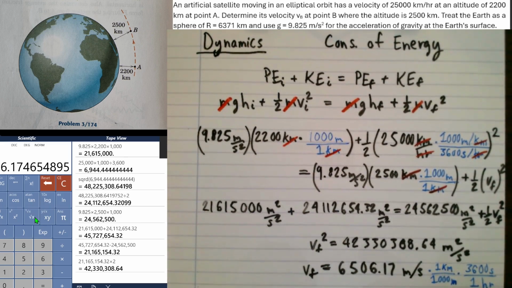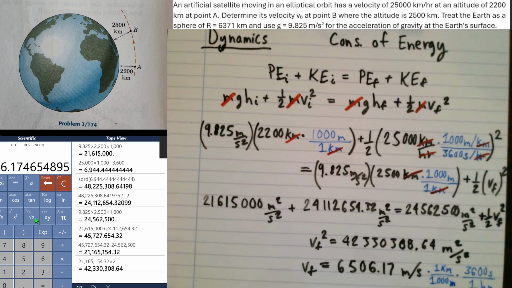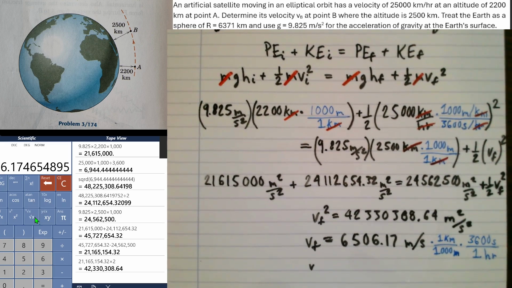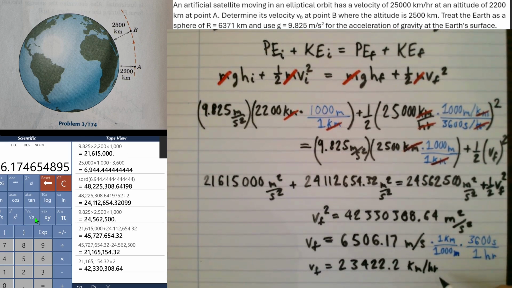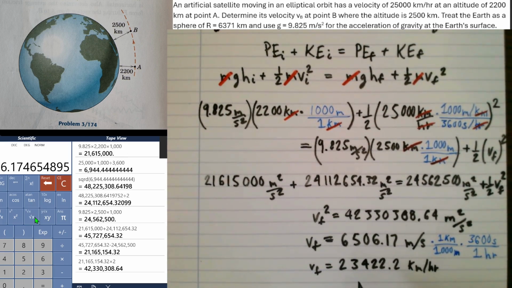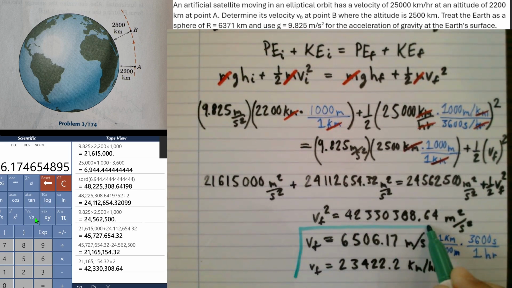When we do that, we get a final velocity of 23,422.2 kilometers per hour, which makes sense. Our velocity is less than it was at point A. We gained altitude, so our energy has to be converted from kinetic into potential. By doing that, our speed will decrease. So this makes sense for our final velocity.